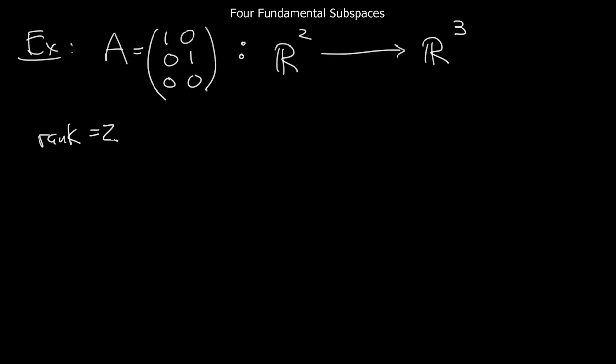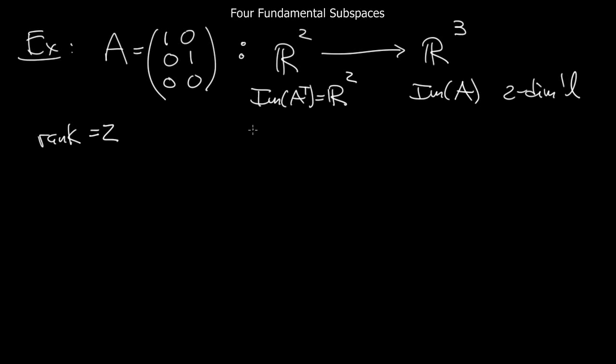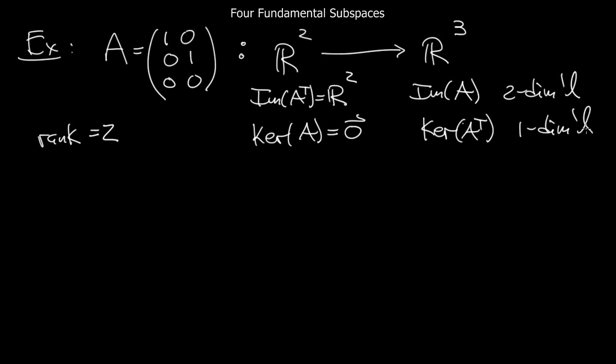So that says that the image of A transpose is all of R2, whereas the image of A is a two-dimensional subspace of R3. By dimension counting, that says that the kernel of A has to be 0, whereas the kernel of A transpose had better be one-dimensional, so that 1 plus 2, as you well know, equals 3.